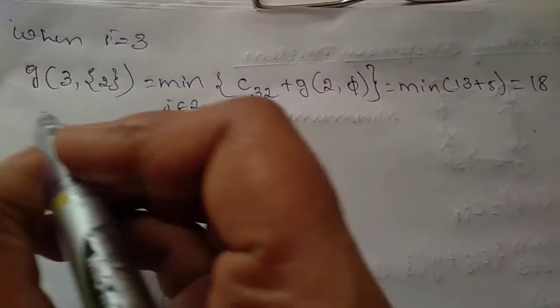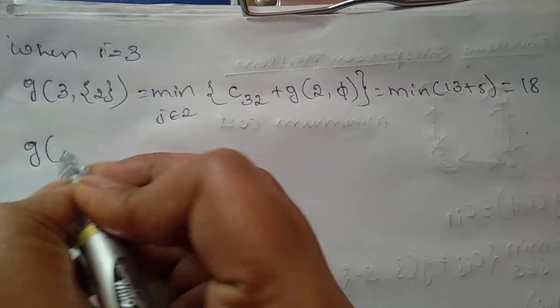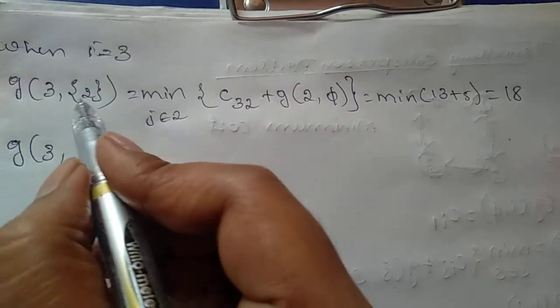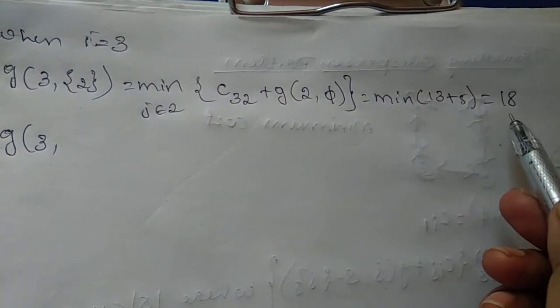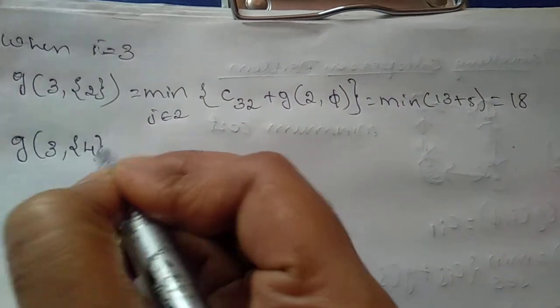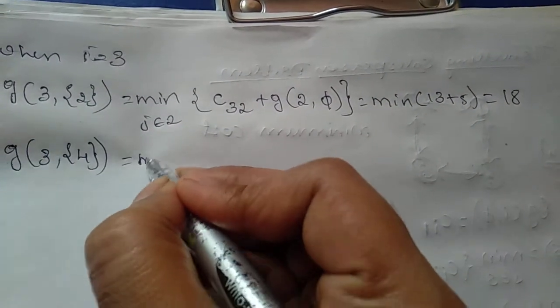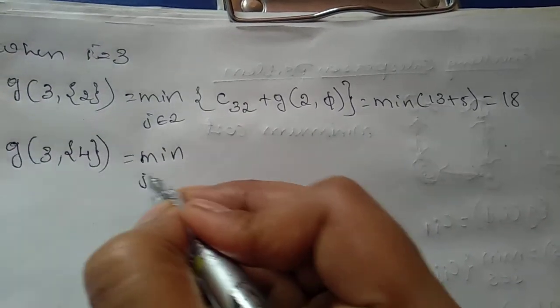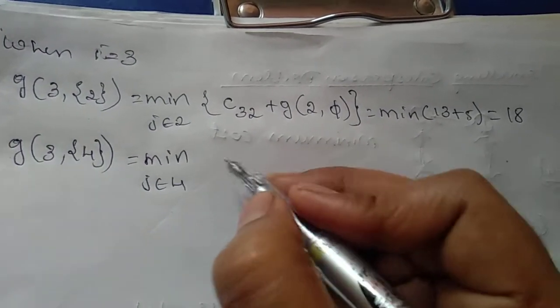Now next, from 3 we have just calculated, if it goes to 2 then the minimum cost is 18. If it goes to 4, it can go to 4 also. Is it not? I have just shown you. If it goes to 4, min j belongs to 4.